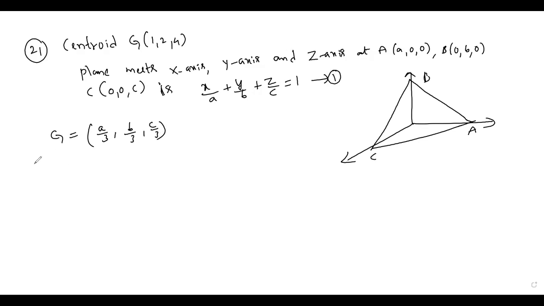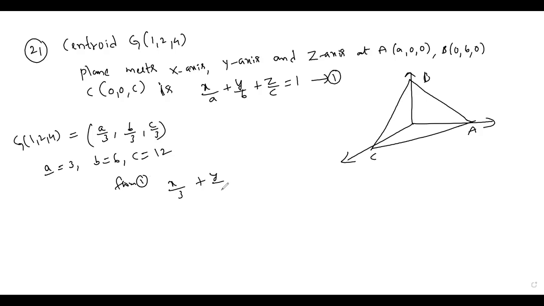Now the centroid on the left side is 1, 2, 4. G, what is given? 1, 2, 4. By comparing the points, a is equal to 3, b is equal to 6, c is equal to 12.